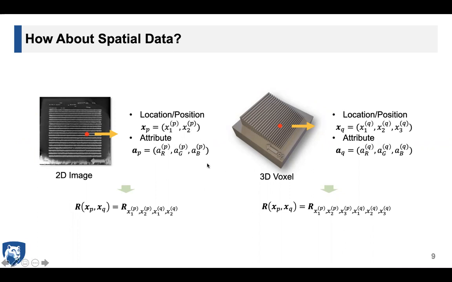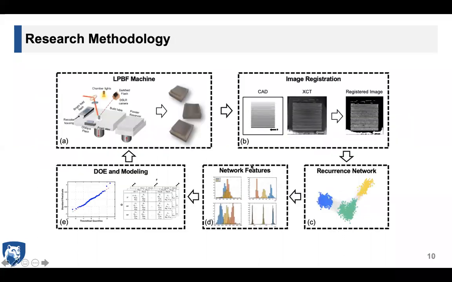So in this case, if we want to use recurrence analysis to analyze image data, it's very hard to handle the data visualization and quantification through the traditional analysis. So in this work, we leverage network theory to investigate the recurrence behavior of spatial data, and further characterize and quantify the spatial characteristics through network statistics.